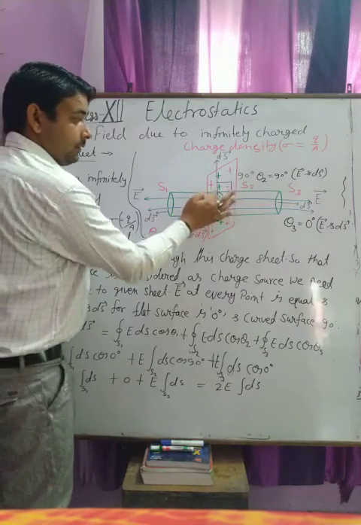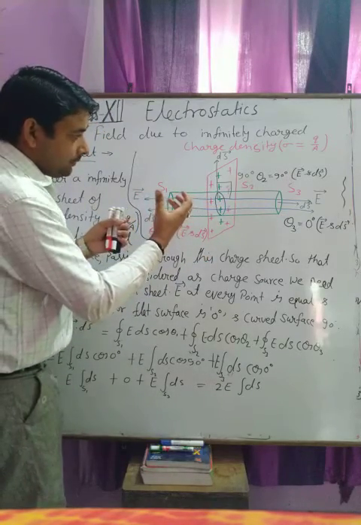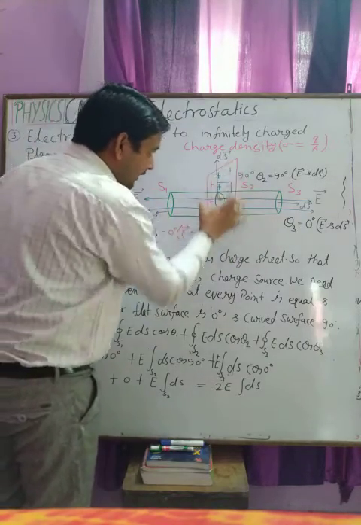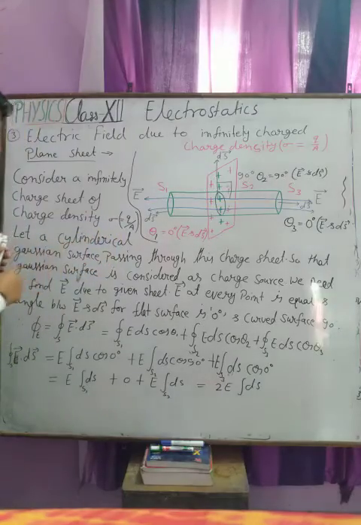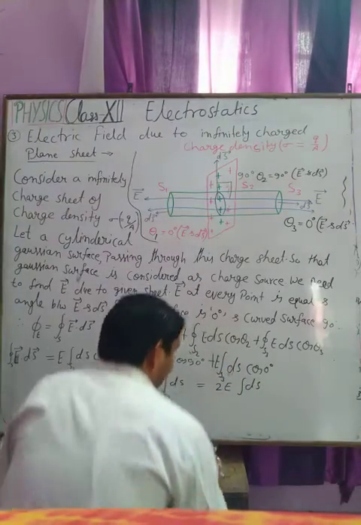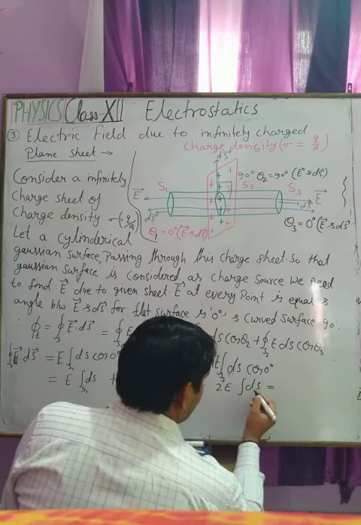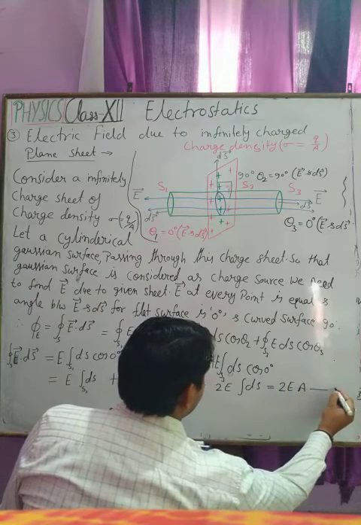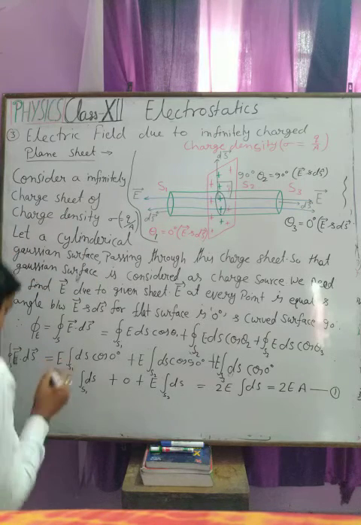Now students, this is the part enclosed within this Gaussian surface of the given sheet. So we are using this value, total area: 2EA. This is equation first. Now we need to consider the charge enclosed.